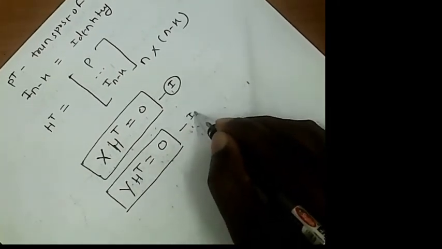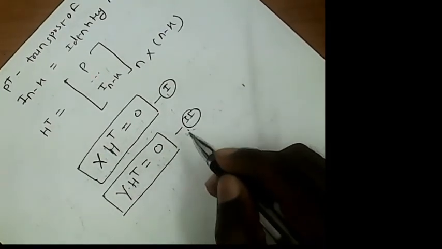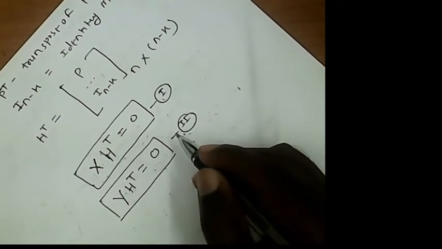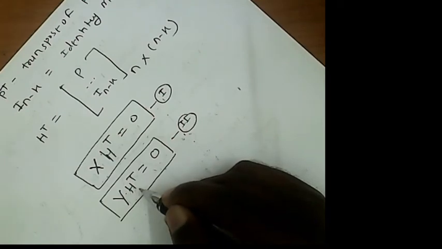And this property is used for the detection of error at the receiver as follows. If y × H^T is equal to 0, this is the second property. This property is used for the error detection purpose. For that purpose, we use the equation: the product of the received code vector and the transpose of the parity check matrix is equal to 0.